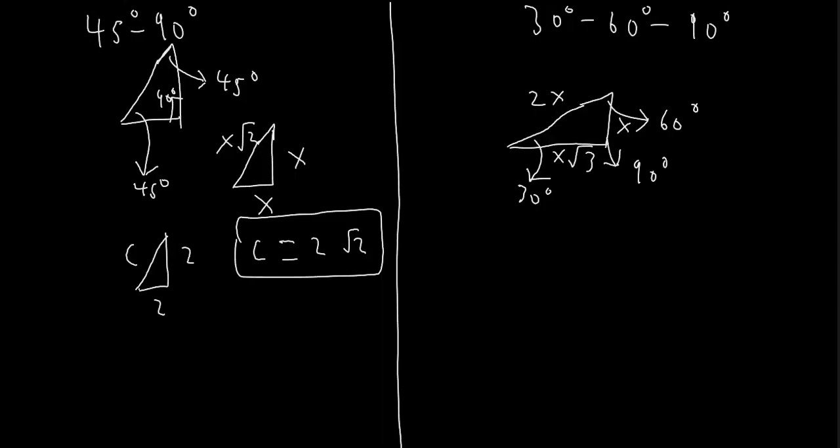Now, okay, this will be trickier, okay? So this one will be trickier. So I'm already going to tell you that this side right here is going to be the shortest side. The shortest side, remember that. Okay? And you have to solve for the shortest side.